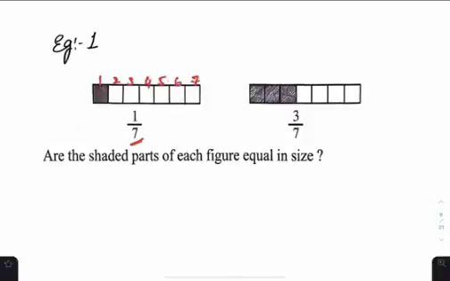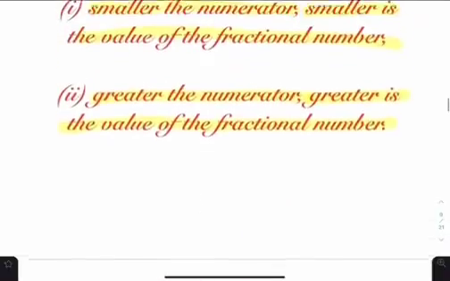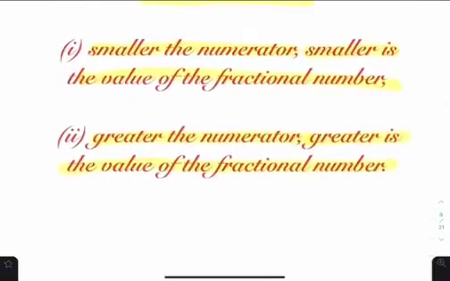So it is just one part which has been shaded, and here we have 3 parts being shaded out of 7. Here, children, the denominator is the same. Now are the shaded parts of each figure equal in size? Yes. But what is the shaded part fraction that we need to consider, and which one is lesser or greater? As per the definition here, the smaller the numerator, the smaller is the value of the fractional number.